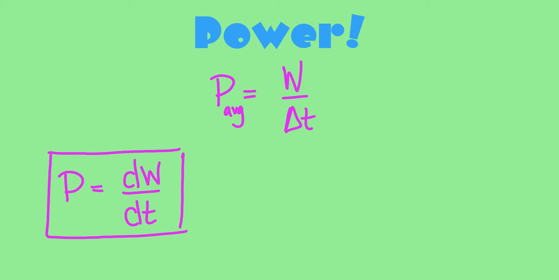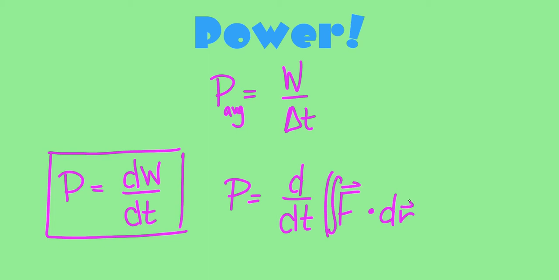Now, this can also be expressed in another way because we know that work can be expressed in terms of the force on an object. Specifically, we can say that it's the integral of F dot dr. So we could take the derivative, d/dt, of this expression.